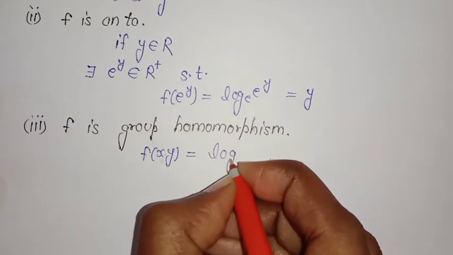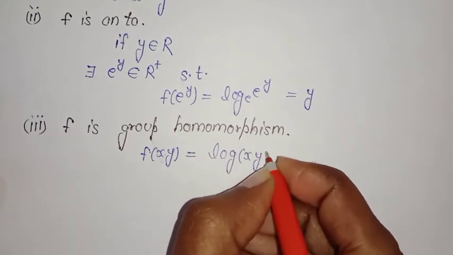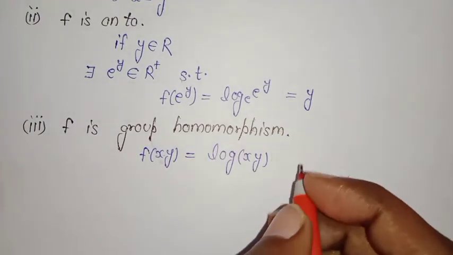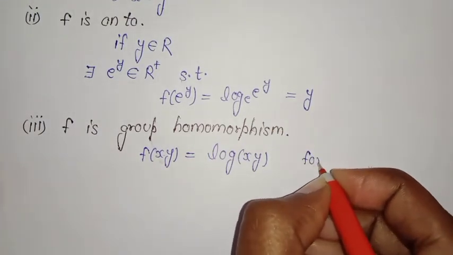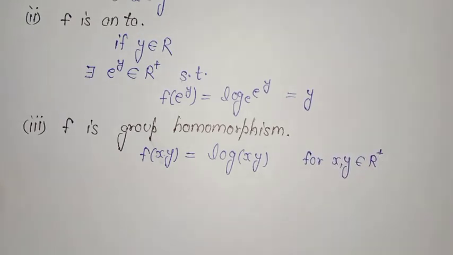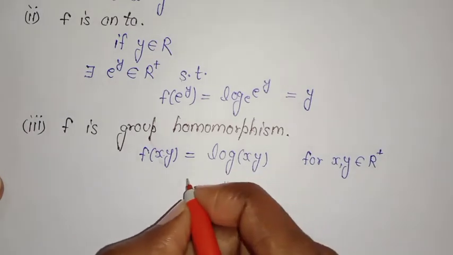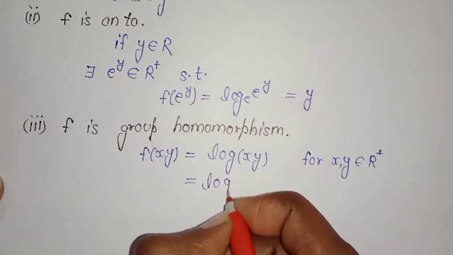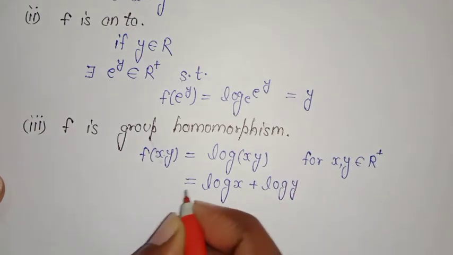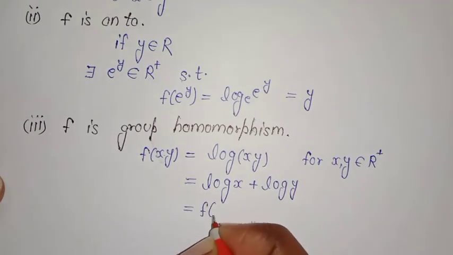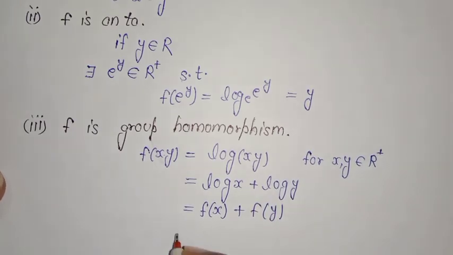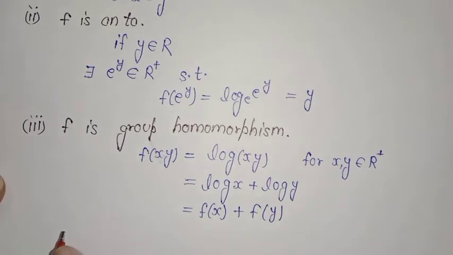Using the given function, it becomes log(xy), and this is true for all x, y belonging to R+. Now using the property of log, this becomes log x + log y. Log x can be written as f(x), and log y as f(y). So the condition of homomorphism is also satisfied.